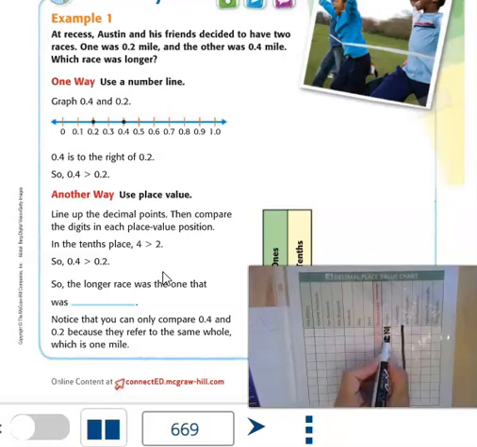And since they're both to the same place value and 4 is the greater digit, then we know that 4/10 is going to be the greater number. So the longer race was the one that was 4/10, as is shown here. Notice you can only compare 4/10 and 2/10 because the whole is the same, which is 1 mile.